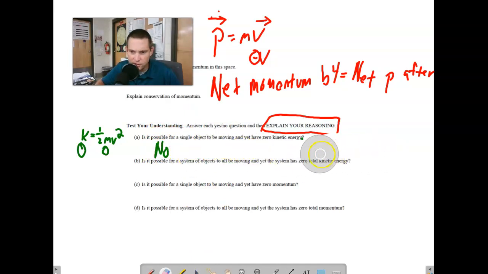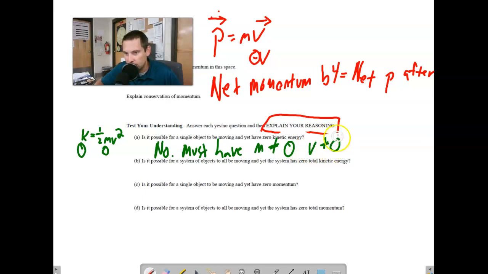I've got an explanation there. I'm going to try to clean it up a little bit. To have this situation true, you would have to have mass equal 0. But if it doesn't, velocity would have to equal 0. And it doesn't. So you have a single object, which we're assuming to have mass. It's not a massless object.